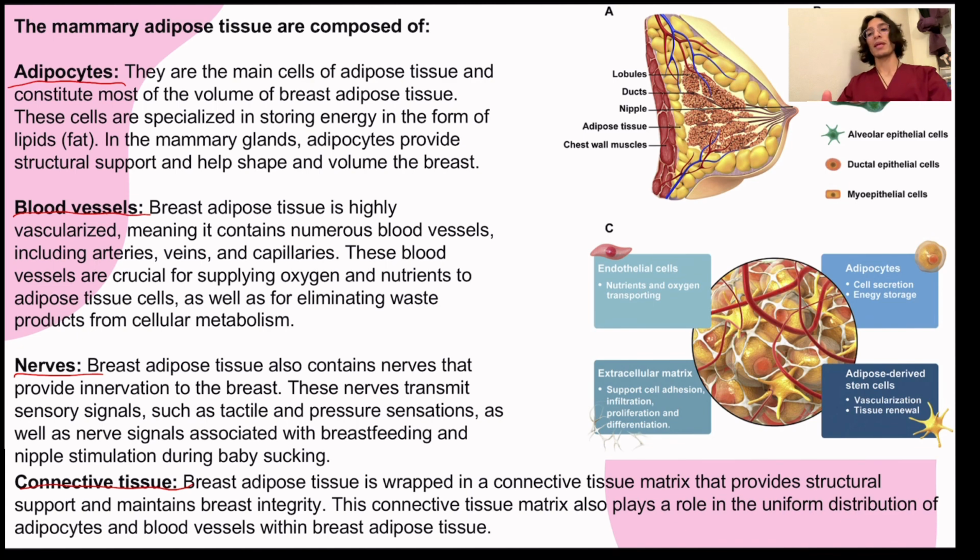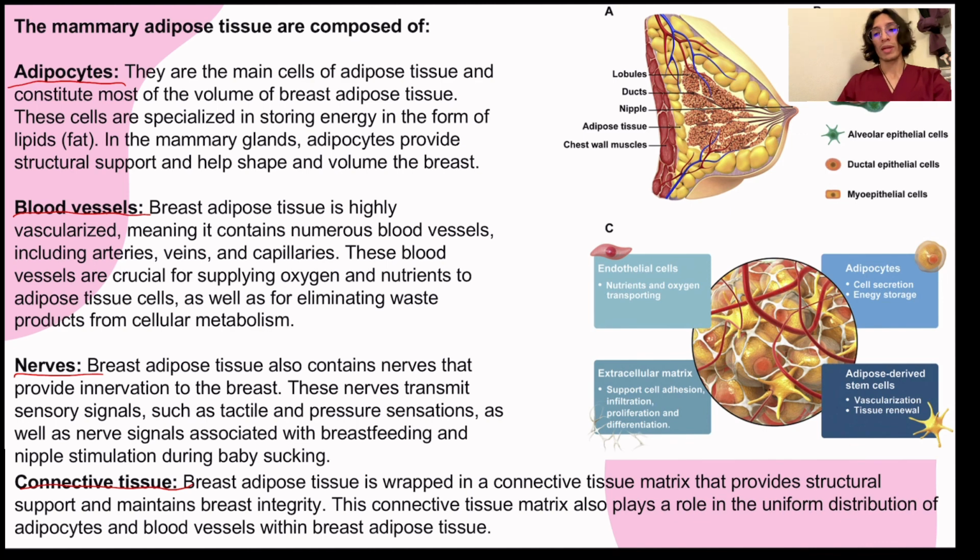Nerves. Breast adipose tissue also contains nerves that provide innervation to the breast. These nerves transmit sensory signals such as tactile and pressure sensations, as well as nerve signals associated with breastfeeding and nipple stimulation during baby sucking.